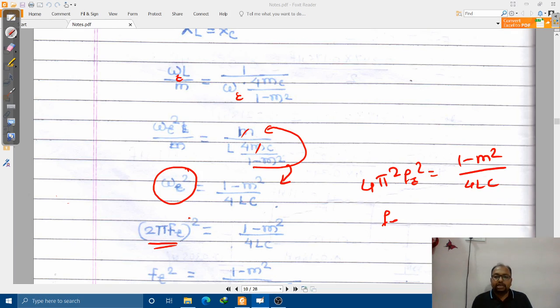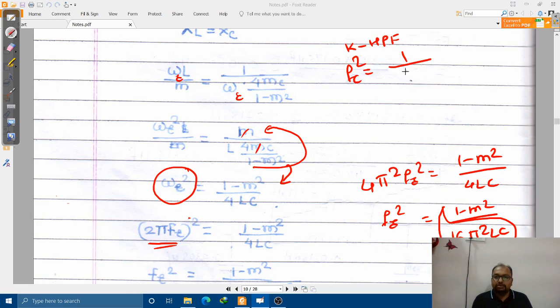So fr square, let us find it out. 1 minus M square divided by 4 into 4, which is 16 pi square LC, right? What is this? Remember that the cutoff frequency of the constant K high pass filter is fc square equals 1 upon 16 pi square LC, or you can write fc equals 1 upon 4 pi root LC.